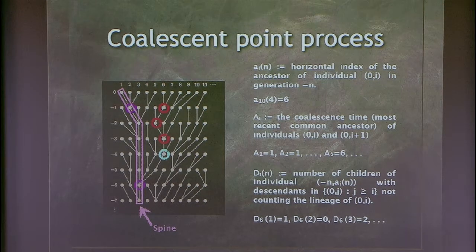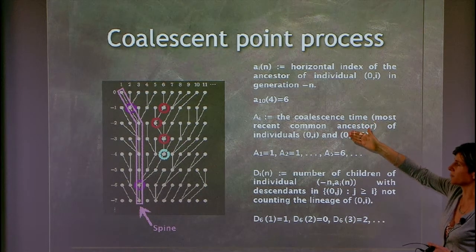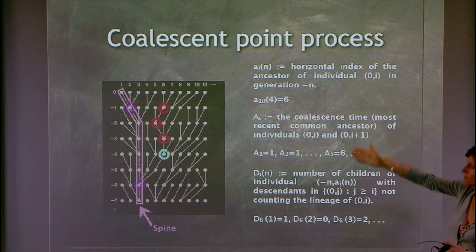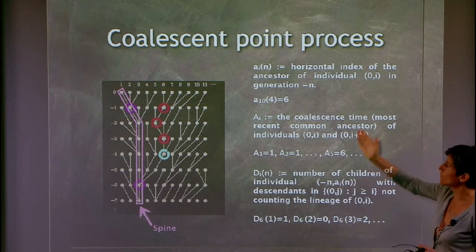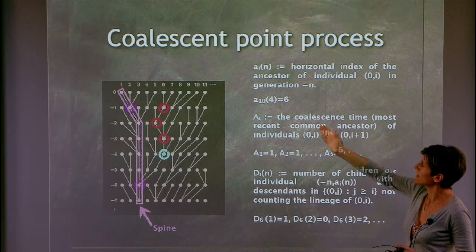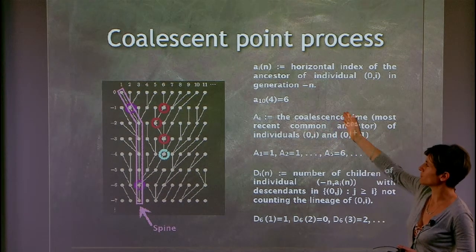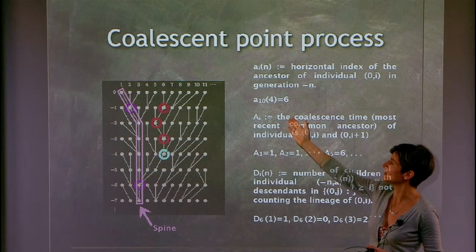Essentially, you look for the first individual in the present population, and there's a genealogical spine that goes down from it, and then you look at all the other present individuals as to how they're related to the individual before it.